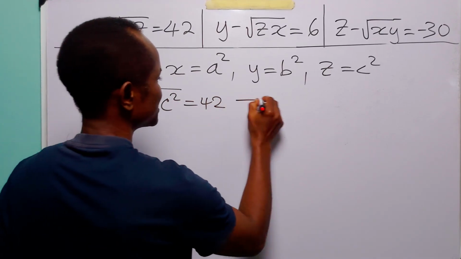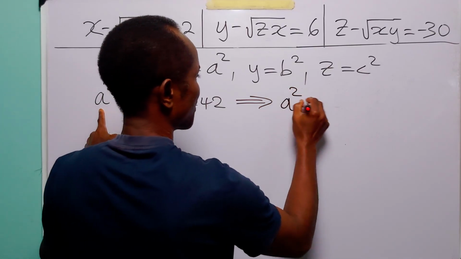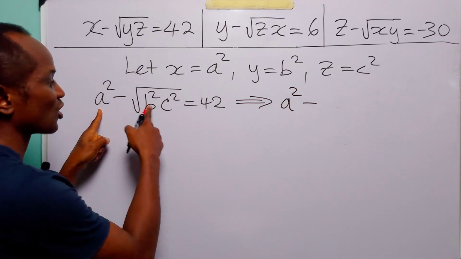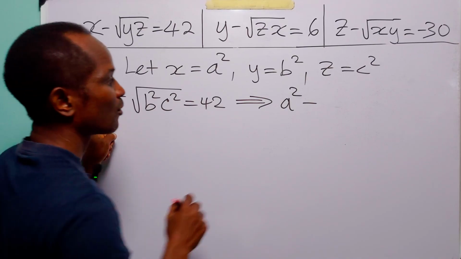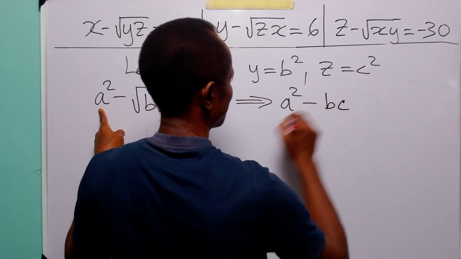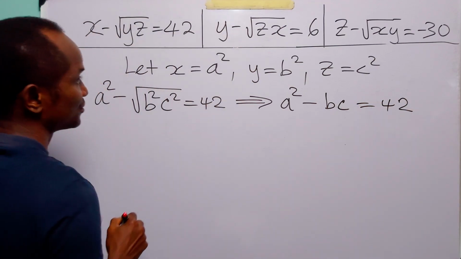And of course, from this equation, we get a squared minus the square root of b squared times c squared, of course, is equal to b times c. And this is still equal to 42.